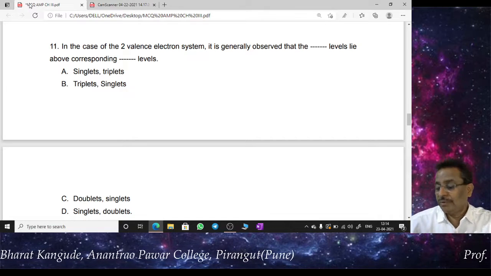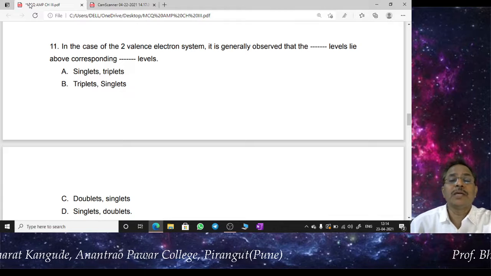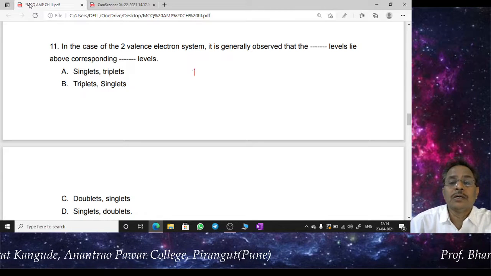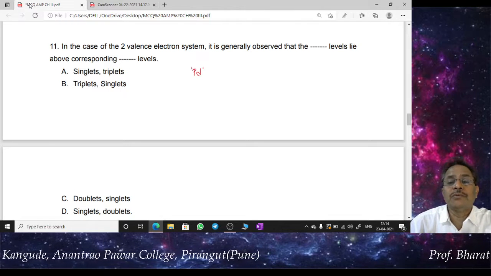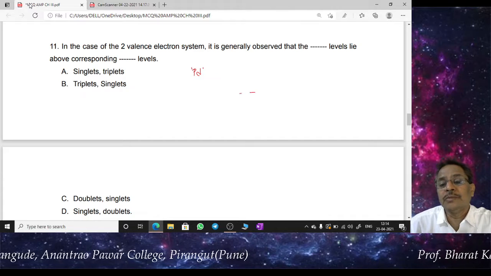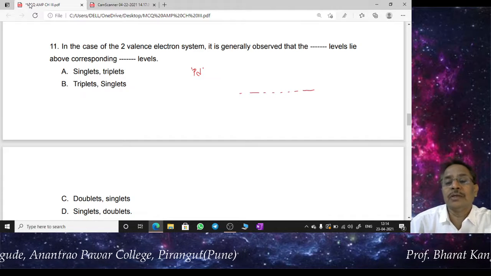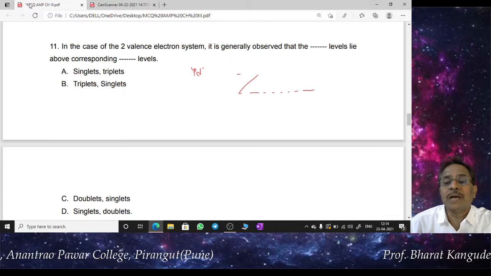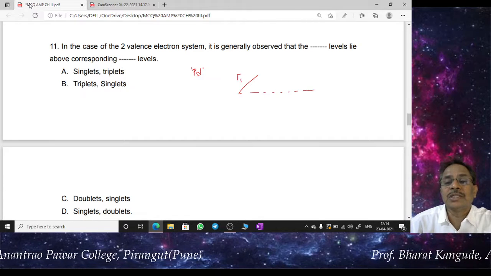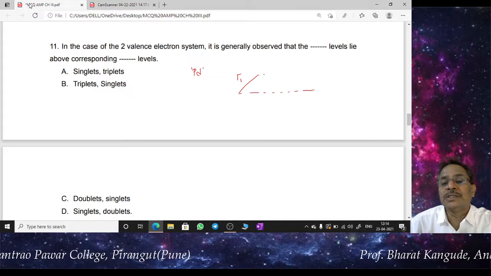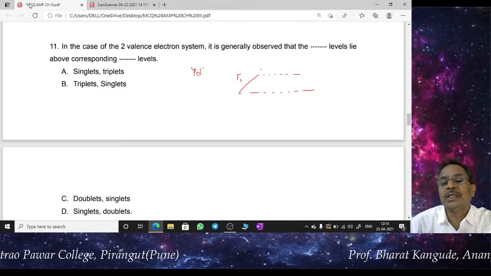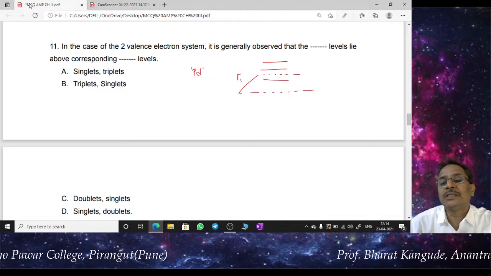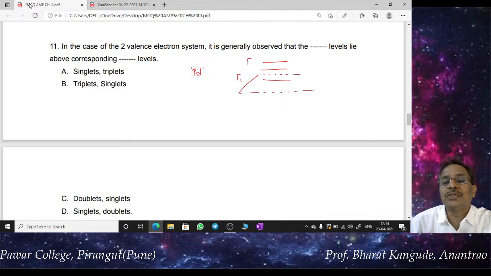In general, when we go for any configuration like the PD configuration, if this is the average of the PD energy level, then the singlets are usually observed as follows. Gamma 1 gives the separation between the singlets and triplets. If this is the average of the singlets, then the separation between the singlets is given by gamma 2, the second interaction.